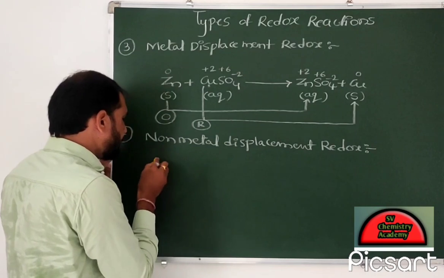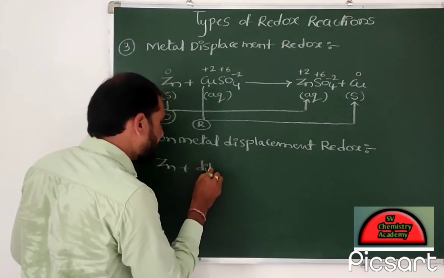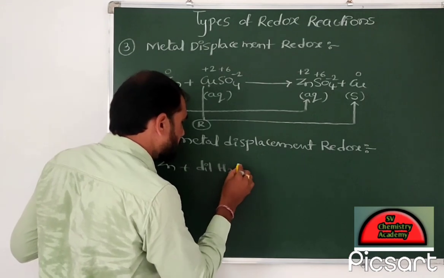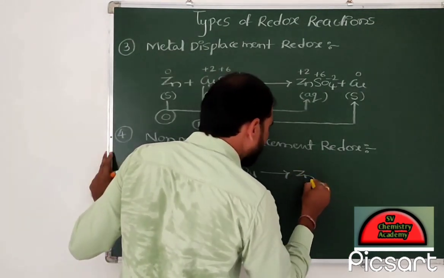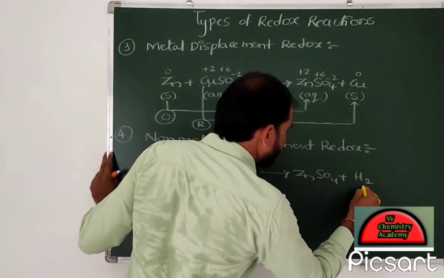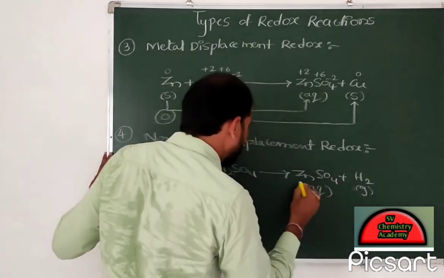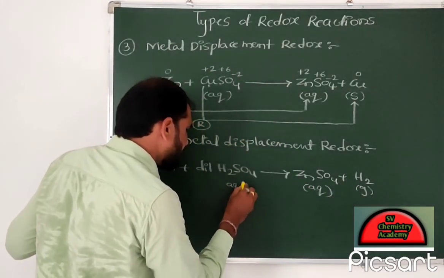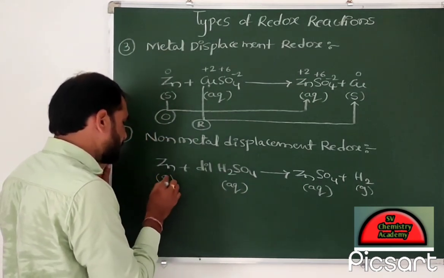So here, if you see, zinc when treated with dilute acid H2SO4 results in zinc sulfate, right, and H2, which is in gaseous phase. Here this is an aqueous solution, this is an aqueous solution, here dilute H2SO4, and this is in solid phase.